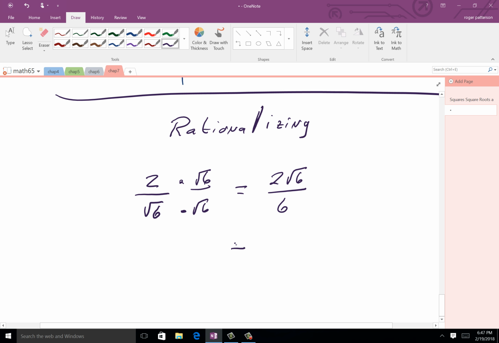All right, and now we've got this where we can reduce that. Right, square root of 6 over 3. Okay. So we're rationalizing because we're taking this down and we're making it a rational number. So we're taking the bottom and we're changing it so it becomes a rational number.